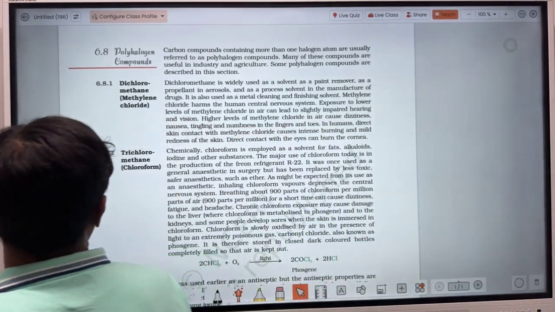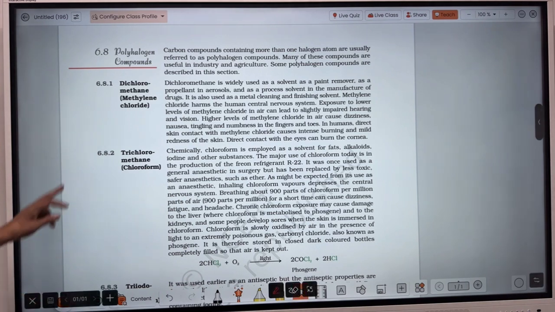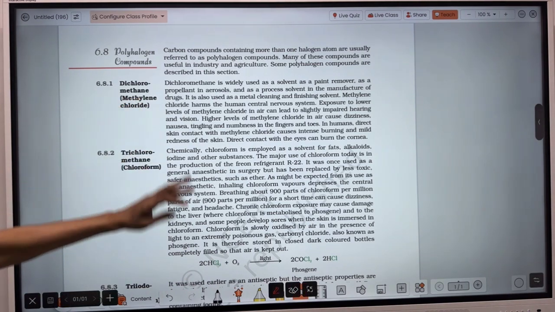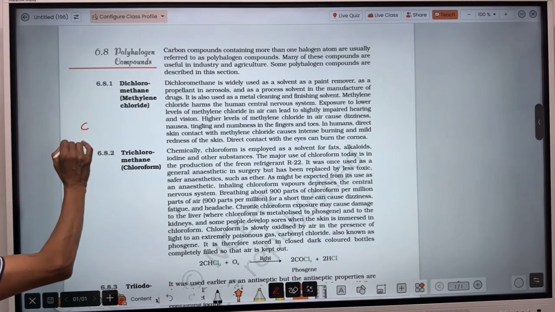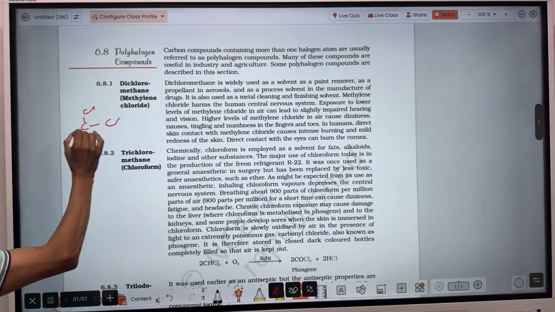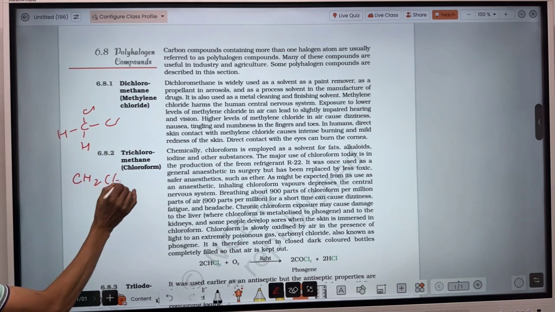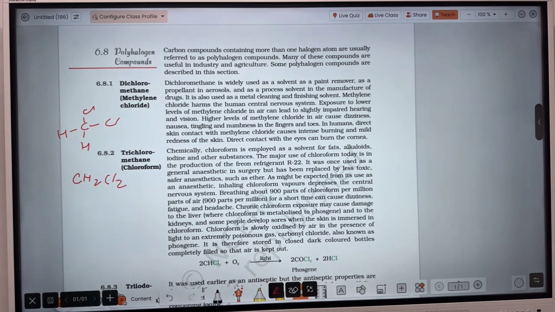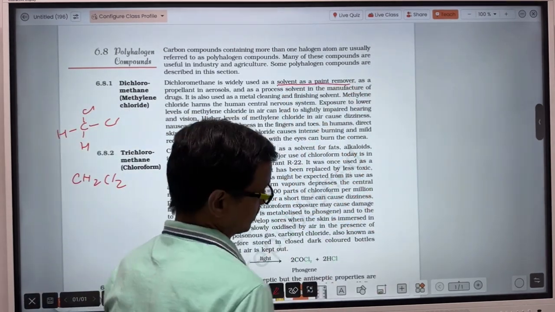So let's see here. First one is dichloromethane. Dichloromethane means one carbon here and two chlorines here, so the remaining two hydrogens, or you can write CH2Cl2. What is it used for? It acts as a solvent, as a paint remover.